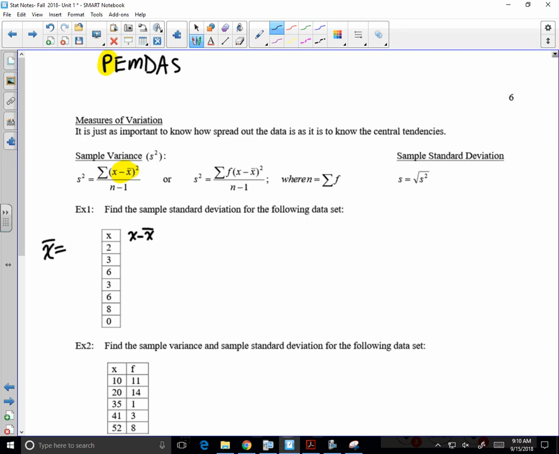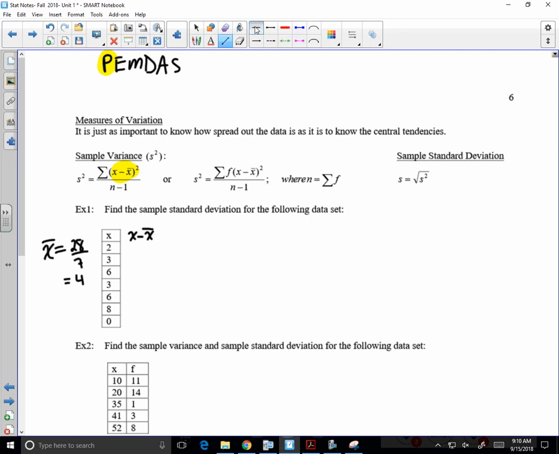I got 1, 2, 3, 4, 5, 6, 7 values there. 14, 17, 23, 28. So 28 over 7 is 4. So what I'm doing is I'm going to take each x value and subtract from it 4.